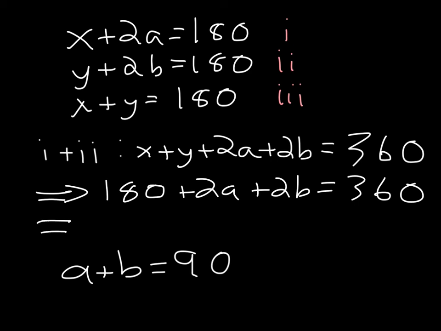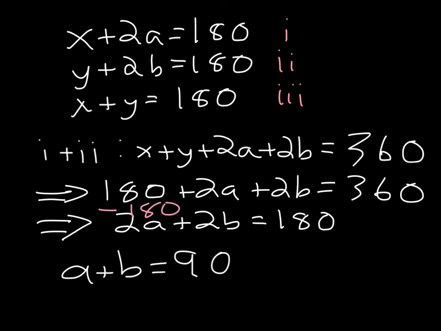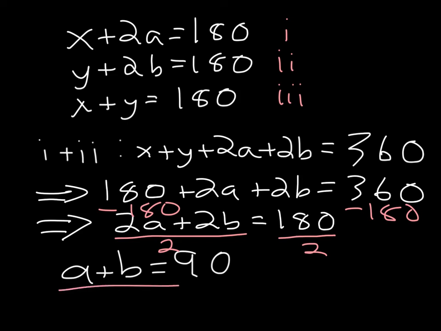Simplifying that, we subtract 180 from both sides, and we get that 2A plus 2B equals 180. Here we're subtracting 180 minus 180 on the right-hand side, always doing the same thing to the left-hand side that we do to the right-hand side. And now all we need to do is divide both sides by 2. And we did it. We got what we want: A plus B equals 90 degrees.